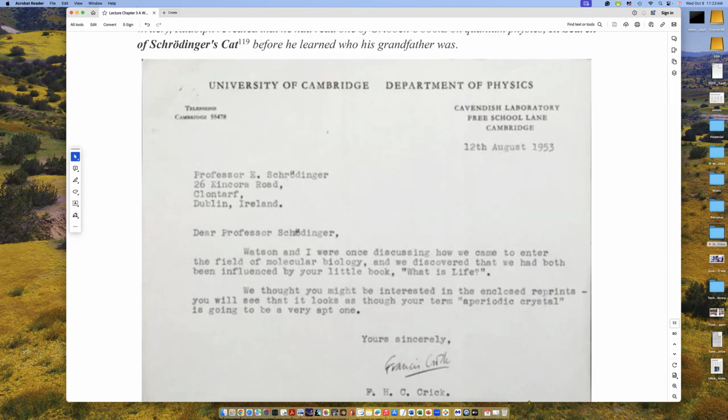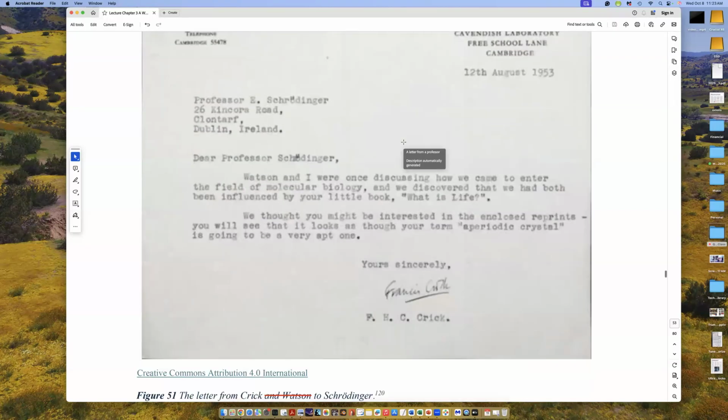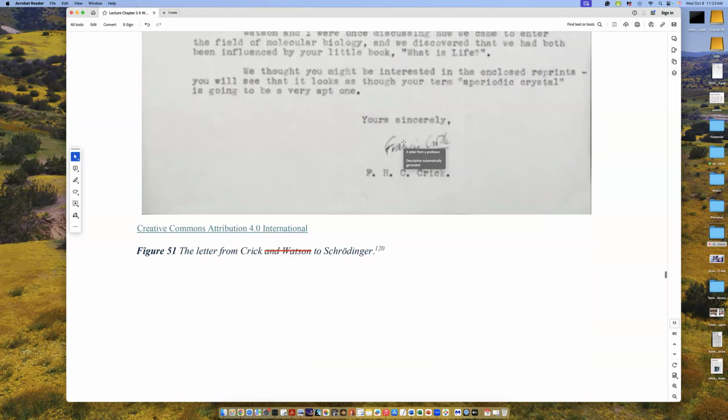And indeed, it turned out that's DNA. So Schrödinger's book is based on his understanding of atomic and subatomic physics.